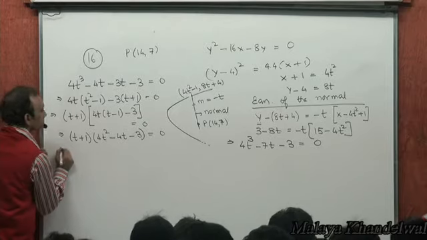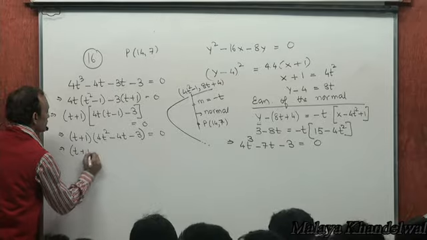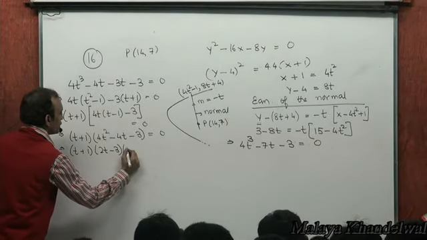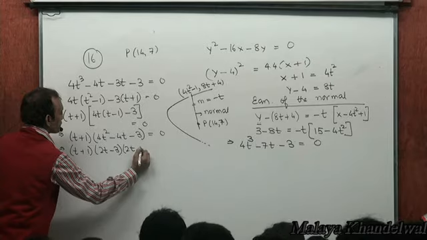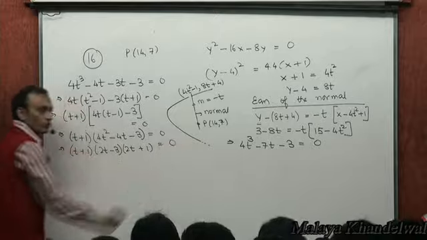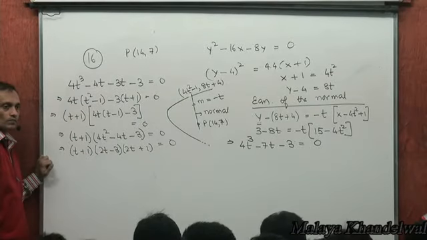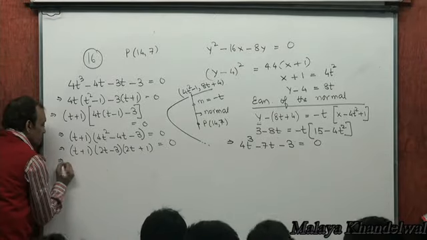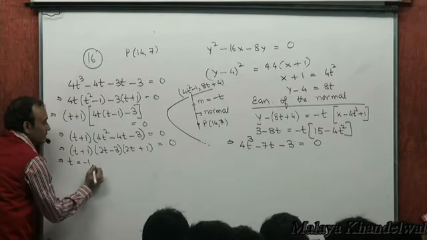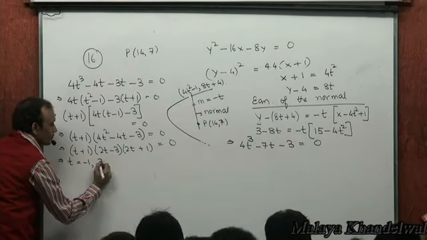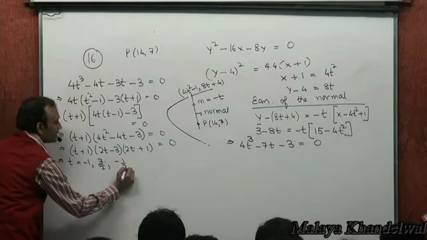Right? (T plus 1) into (2t minus 3) into (2t plus 1) is 0. Right? Isn't it? It gives me t equal to minus 1, t equal to 3 by 2, and t equal to minus half.